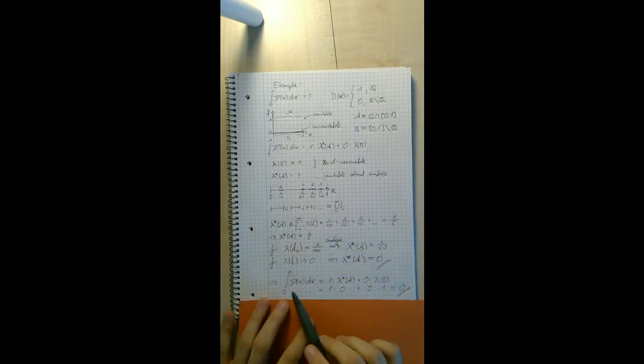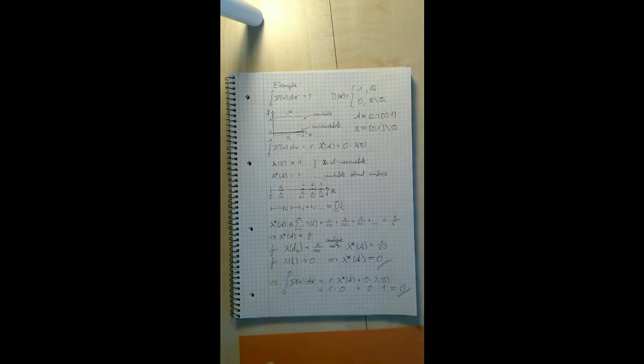And then I can see the Lebesgue integral is then 1 times 0 plus 0 times 1, which equals 0. So now the Lebesgue integral enables us to integrate this function.